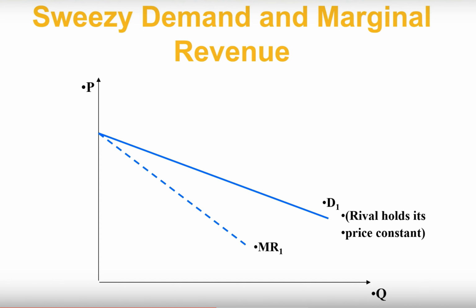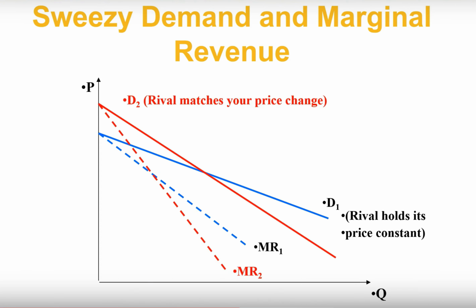The way we do that is we're going to introduce two demand curves and combine them. One demand curve, as you see here, will represent a demand curve where rivals will hold their price constant, or in other words, they will not copy our price changes. Now notice this demand curve is relatively flat because if we change price and our rivals do not, our customers are going to be sensitive to our price changes because we're going to be significantly different than our rivals.